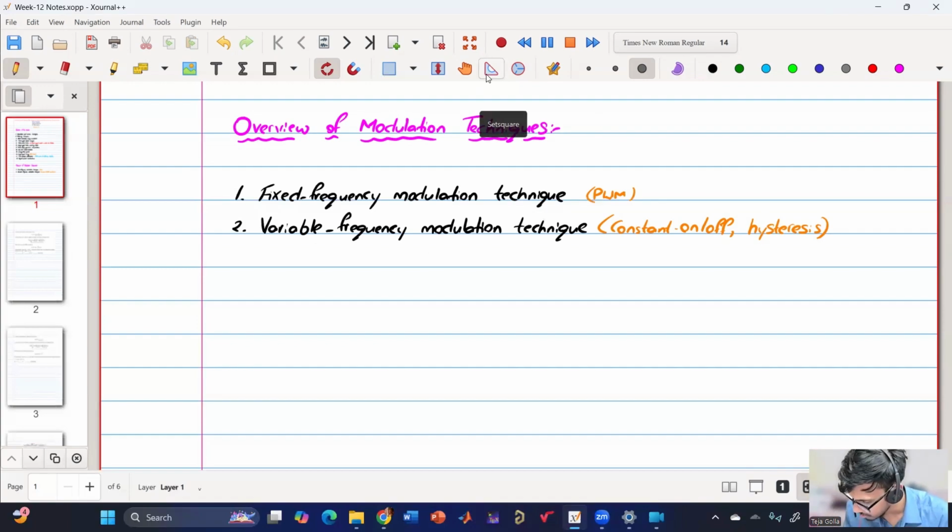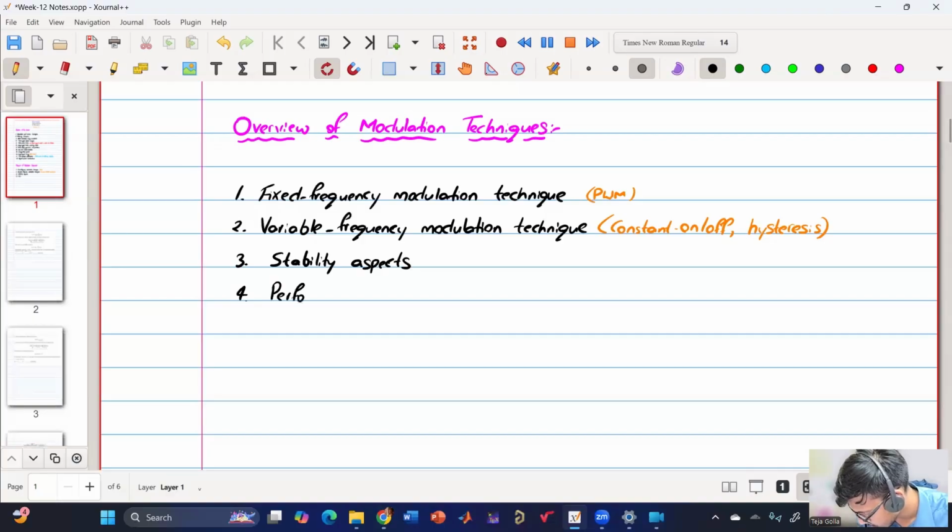So we have also discussed some stability aspects. Also, sir has discussed the performance aspects if you have constant off time.